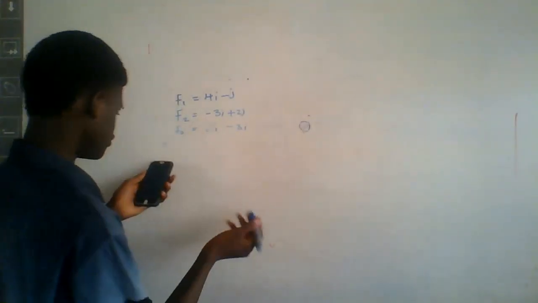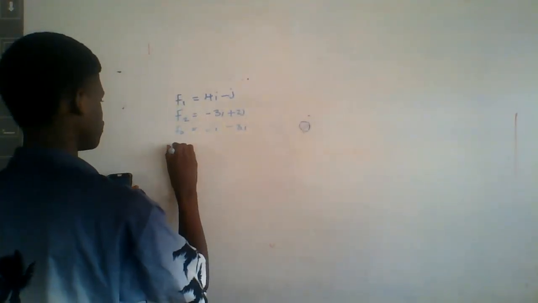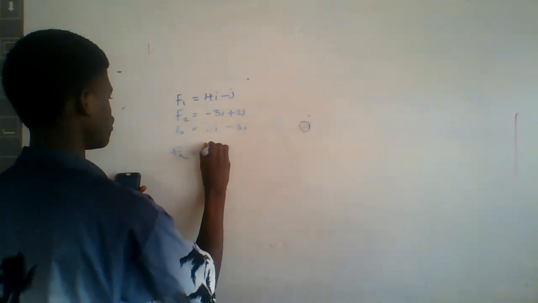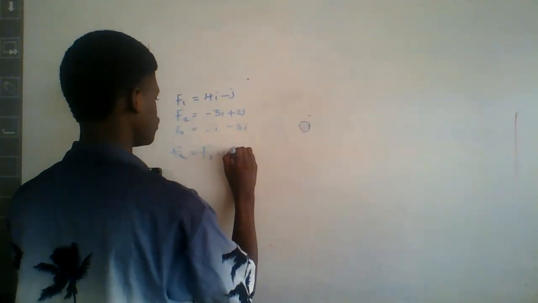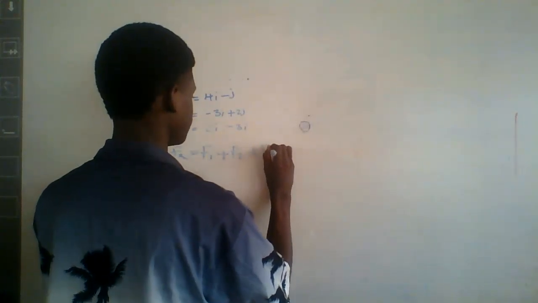This is very easy. The resultant, FR, will just be F1 plus F2 plus F3.